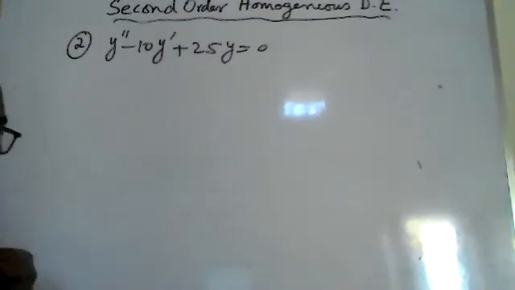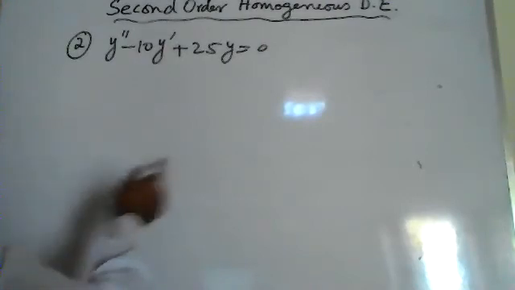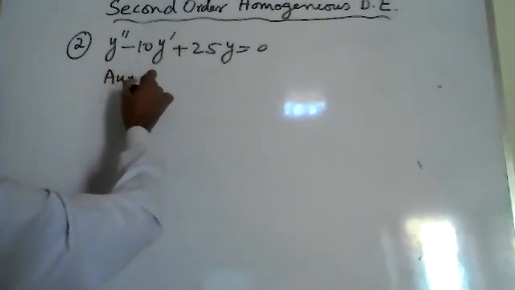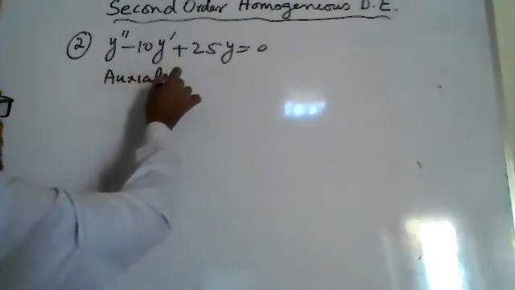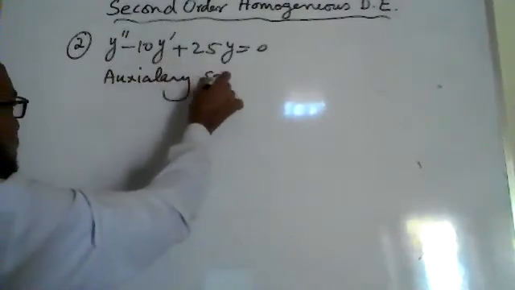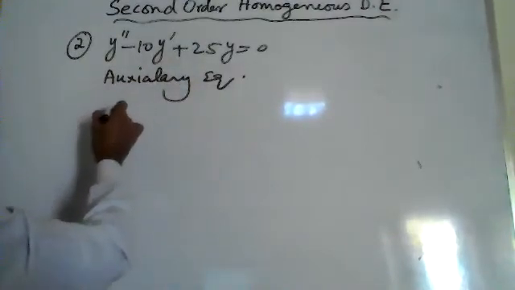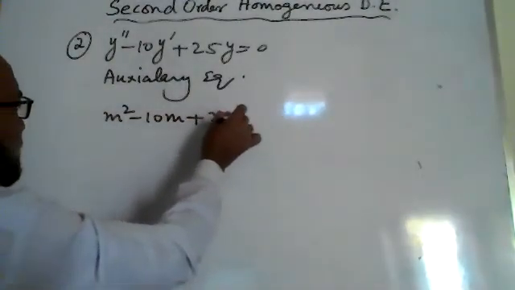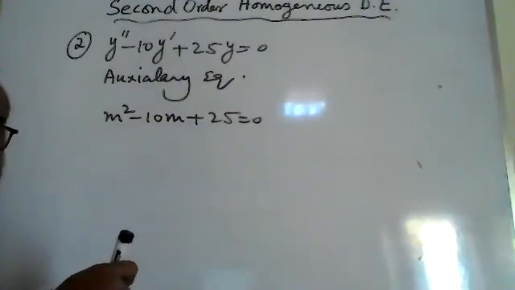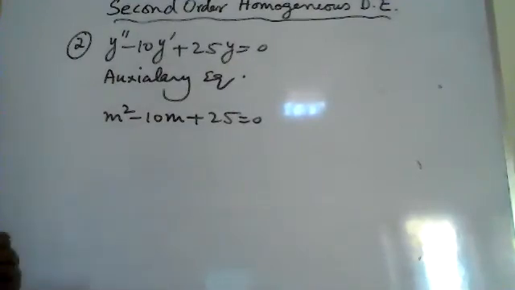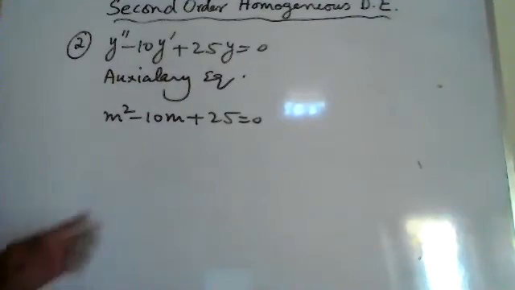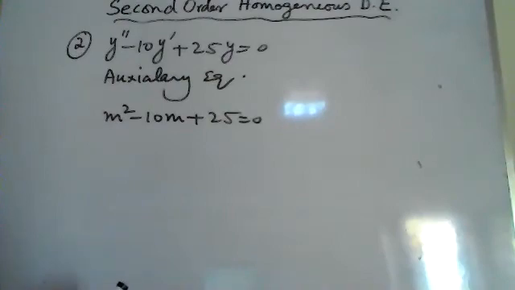So we will convert it into the auxiliary equation. M square minus 10m plus 25 equal to 0. We will solve it. We may use the factor method.